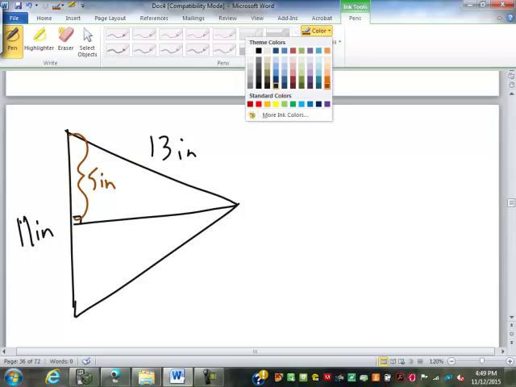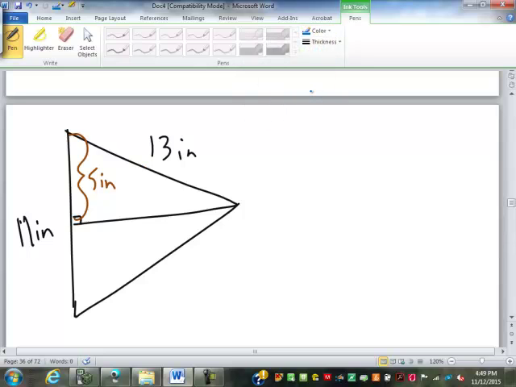Find that area quick. Of course, you know that the first thing you have to find is that height.